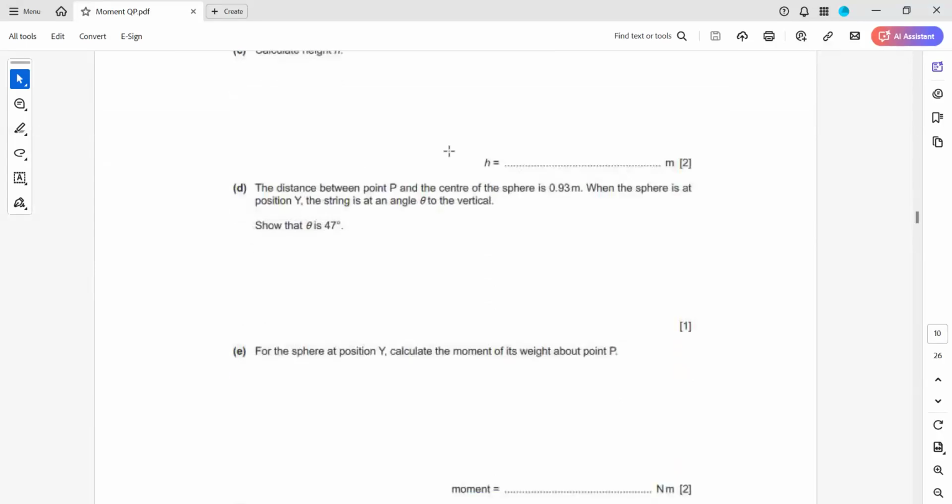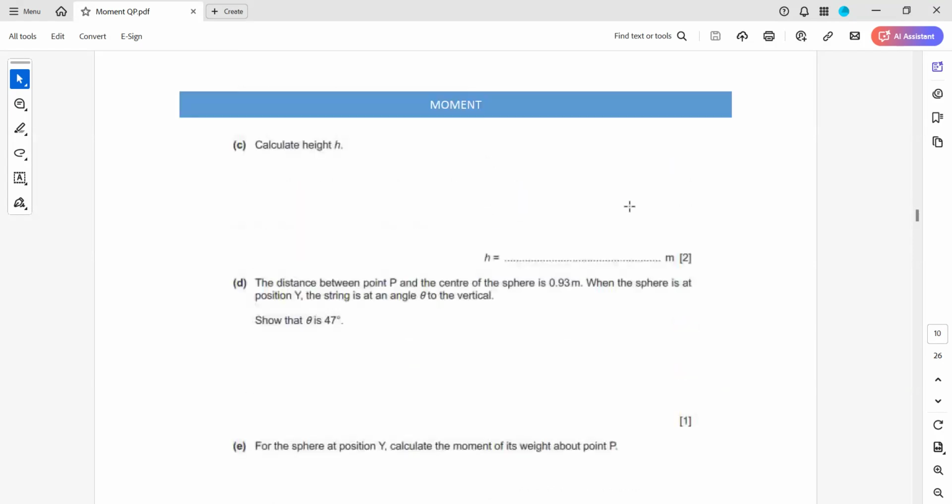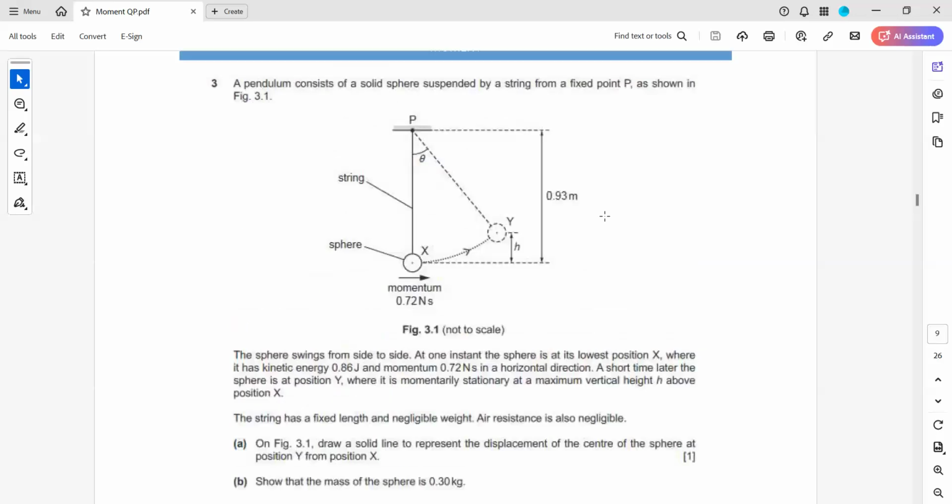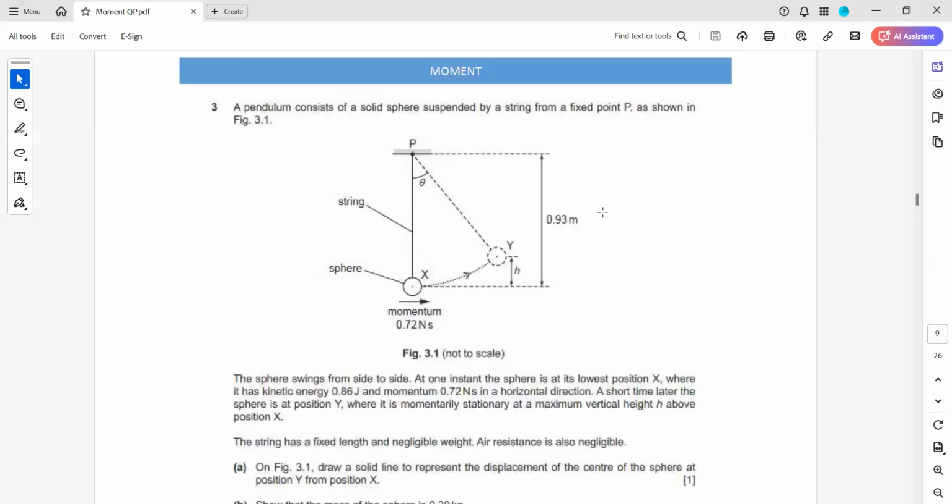Then the distance between the point P and the center of the sphere is 0.93. When the sphere is at position Y, the string is at an angle theta. Show that theta is 47. How can you show it is 47? It is making a triangle.